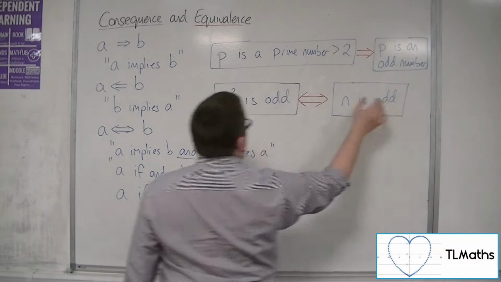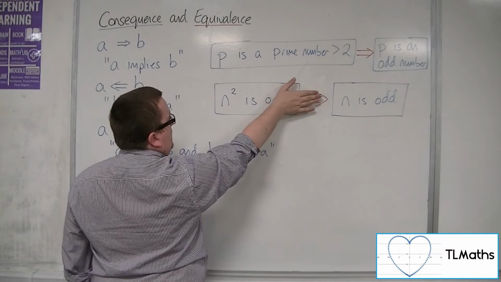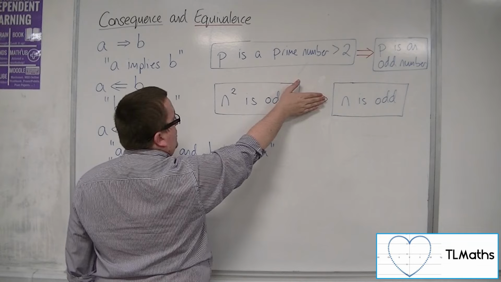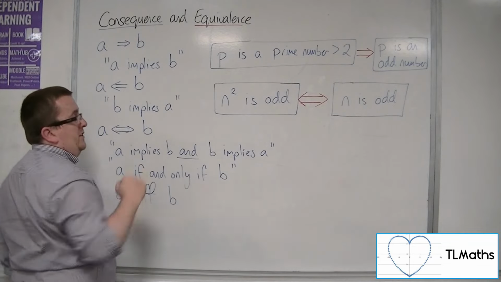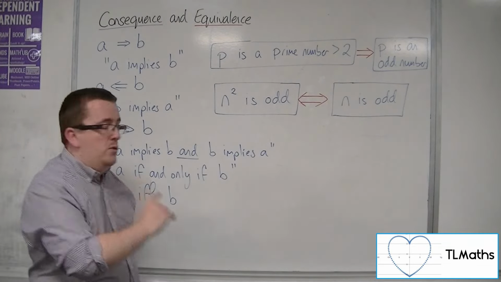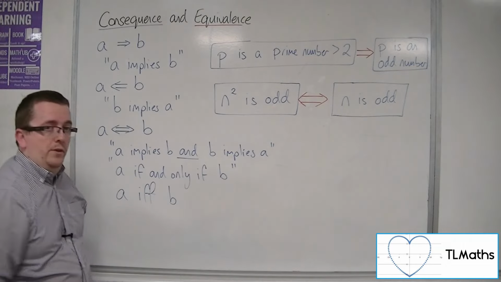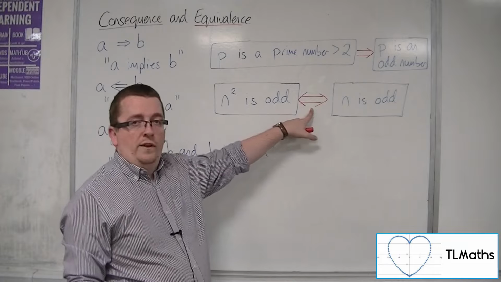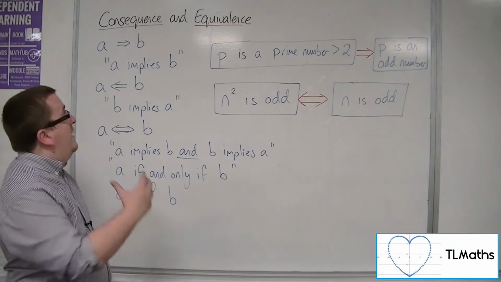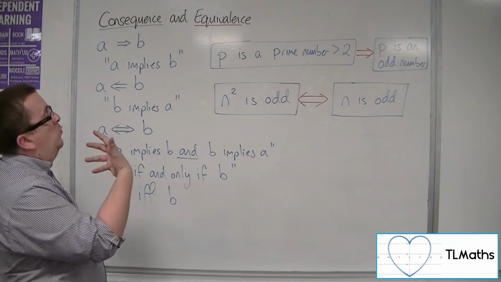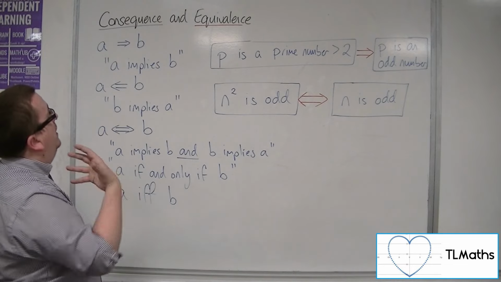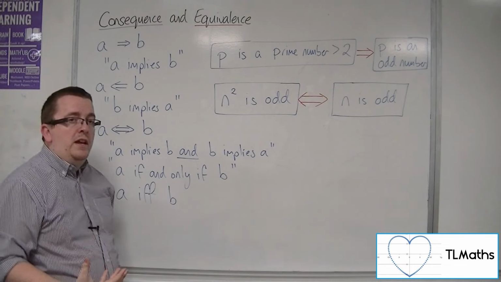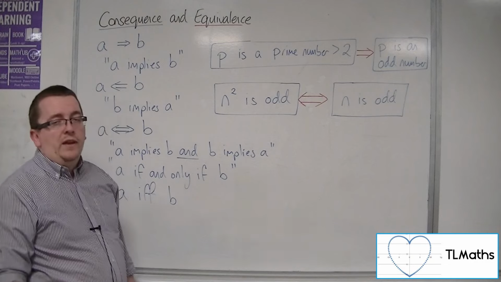Then think about the right-hand statement. Does that then imply, if it is true, that the left-hand statement is correct? If so, the arrow can point from right to left. Okay? And if it works both ways, it is an equivalence symbol. Okay? So that is how we work with these logical consequence and equivalence. And we're going to go through a few examples in the next video.